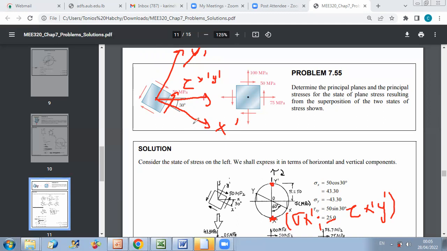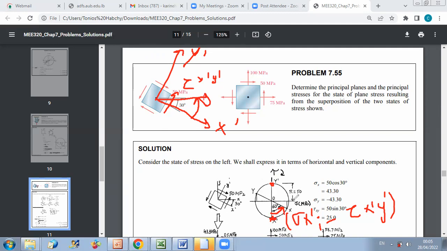And then to rotate from x prime to x on the element, you are rotating in counterclockwise direction in angle of 30 degrees. So on Mohr circle, you should rotate an angle of 2 times 30 degrees, which is equal to 60 degrees.